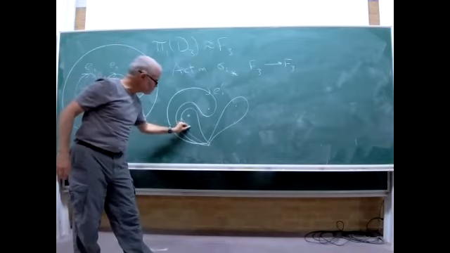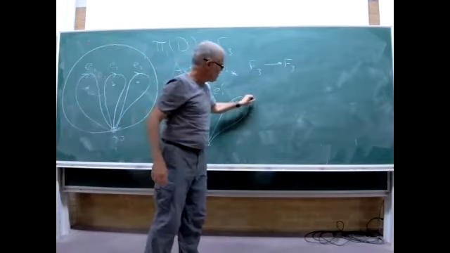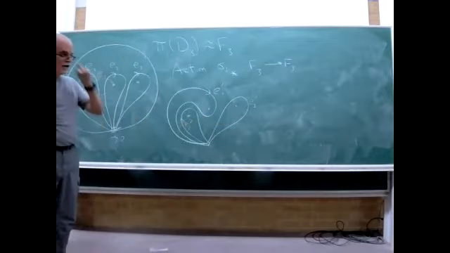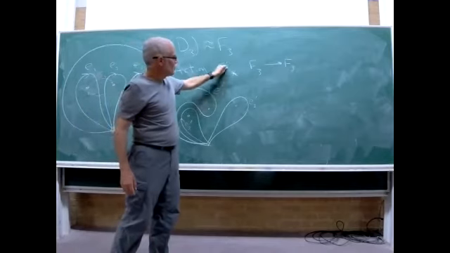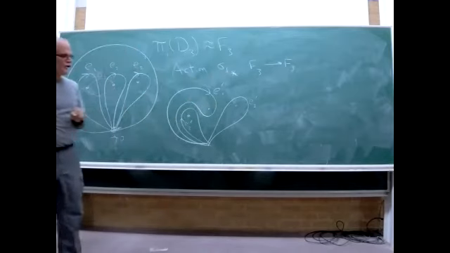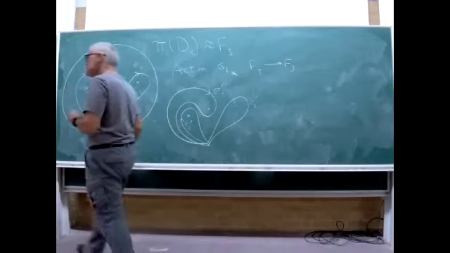So this is the image of E2, and this is the image of E3 under the map sigma 1 star. So let me just write sigma 1 star just for concreteness.